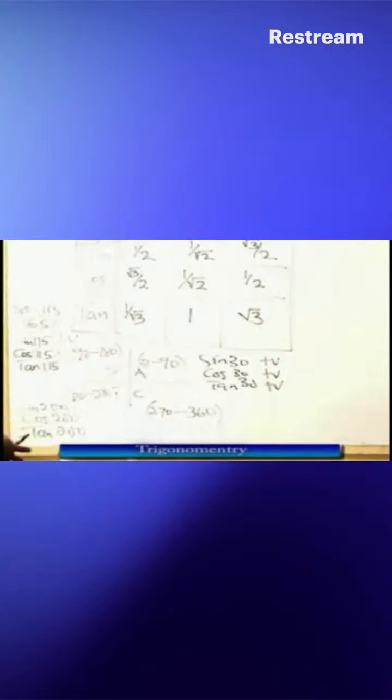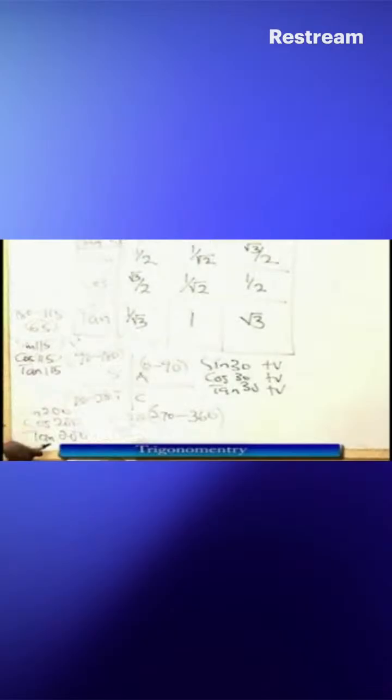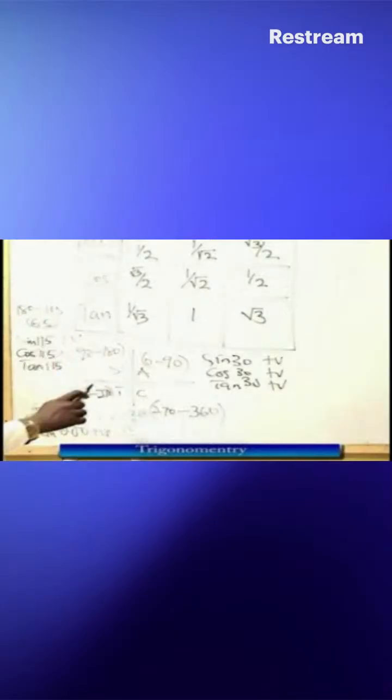Again, like I said, except you are using your calculator, you will not be able to determine this on your 4-figure table. So what you do is subtract it from 270. You say 270 minus 200, and when you get 70, then you go and look at 70 in your sine, cos, and tan. And because you are in the 3rd quadrant, only tan is positive. Cos and sine are both negative.